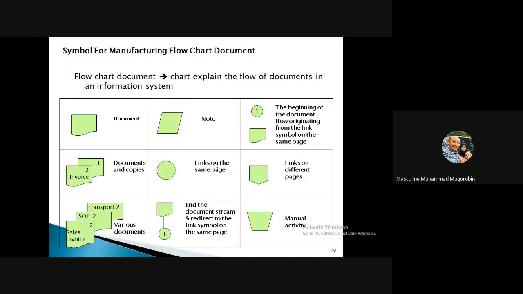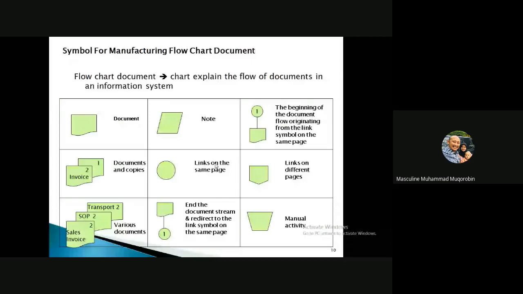Link on different pages indicates that the process continues off page. Various documents represent multiple documents in the process. And the document stream and redirect the link symbol on the same page represent the ending connection of the data flow at the same page.